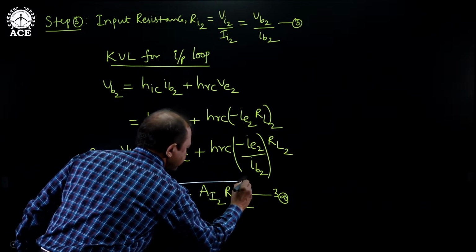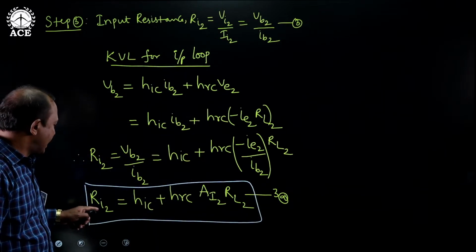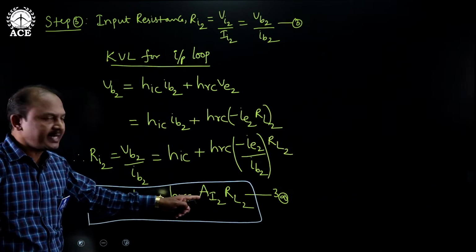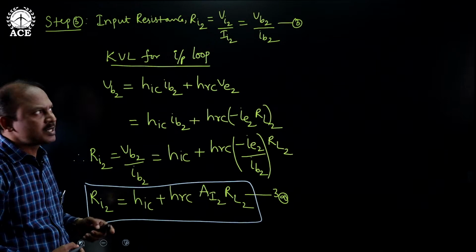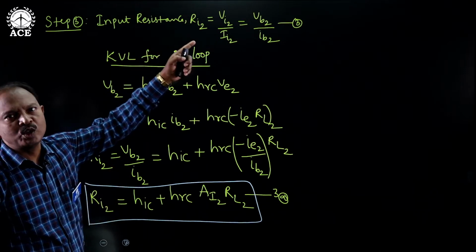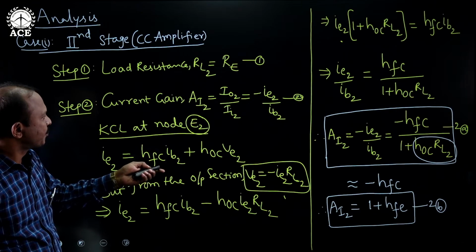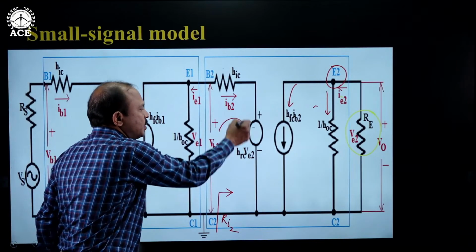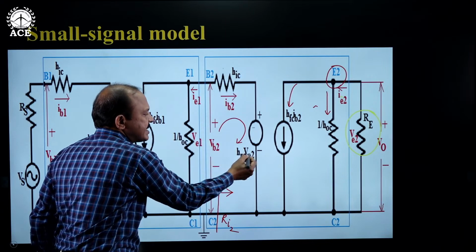Accurate equation for input resistance is this: Ri2 is HIC plus HRC AI2 RL2. Here also, if you carefully observe, the simple procedure which I have followed is, we know Ri2 means VB2 by IB2. I have applied KVL for the input loop in the circuit, where VB2 equal to HIC IB2 plus HRC VE2.